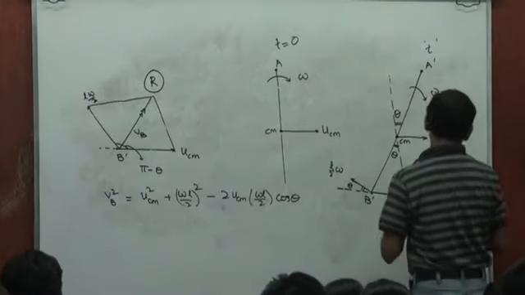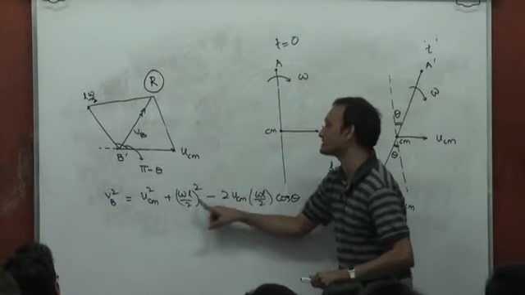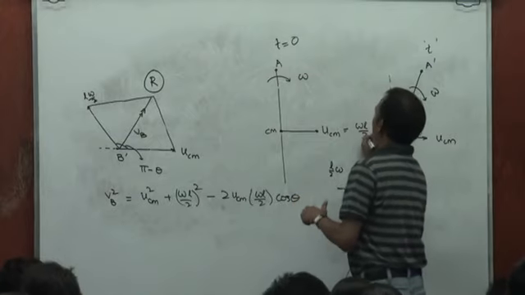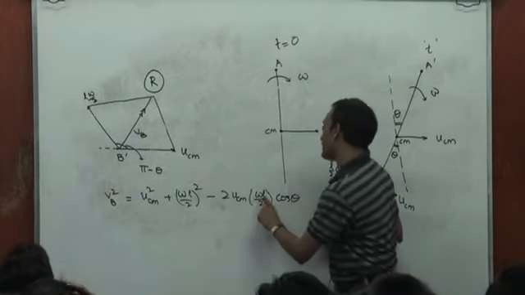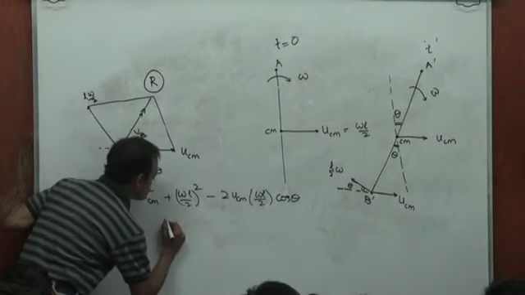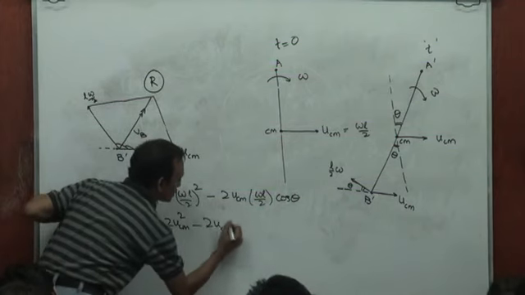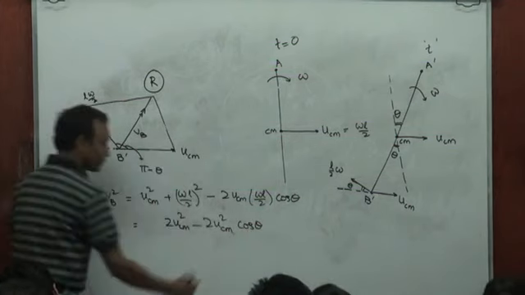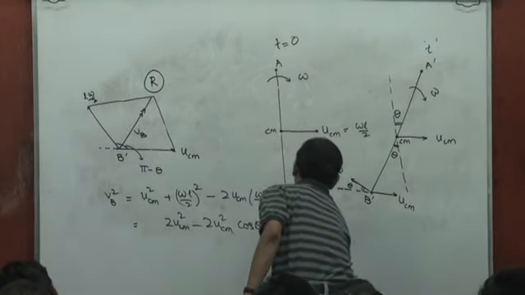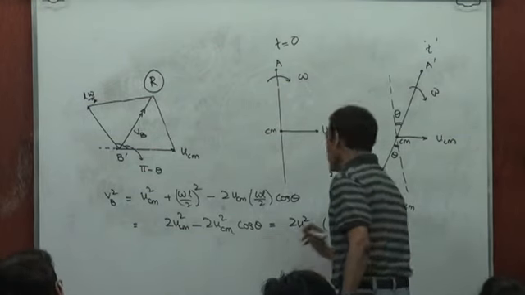But it's given that UCM is omega L by 2. This omega L by 2 is given to be equal to UCM for the given problem. So what you might want to do is replace this omega L by 2 by UCM. So then this becomes 2 UCM squared minus 2 UCM squared cos theta, like 2 UCM squared into 1 minus cos theta, which is 2 sine square theta by 2.